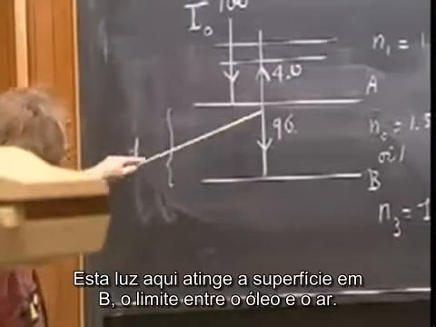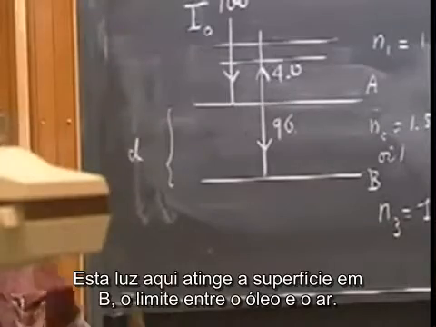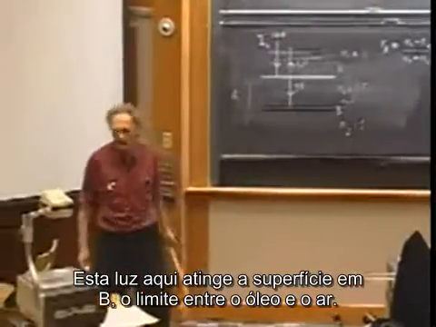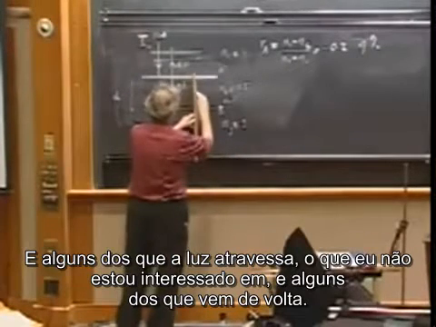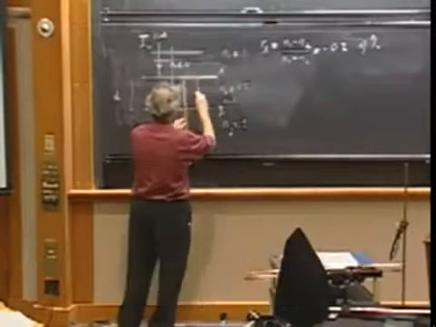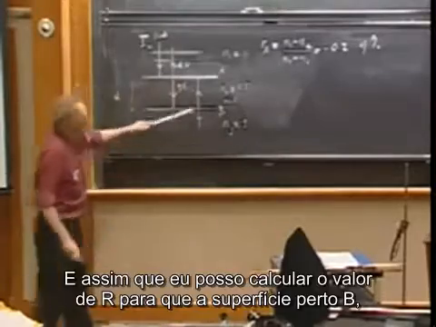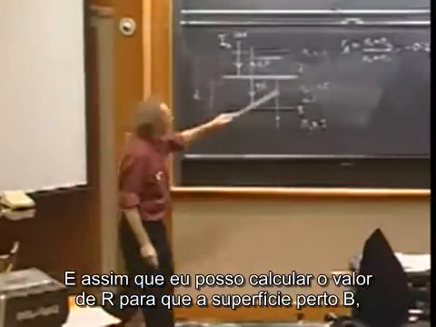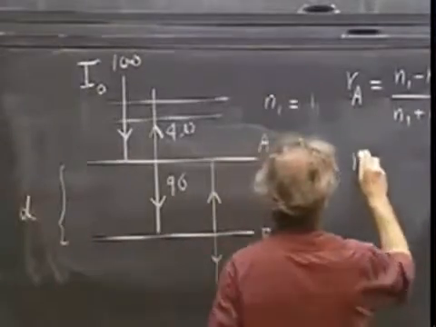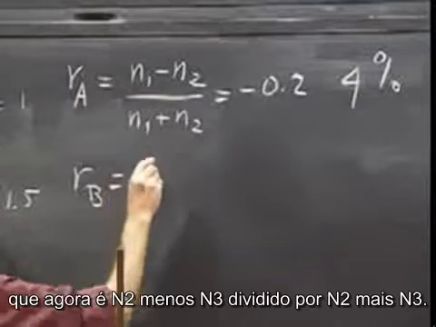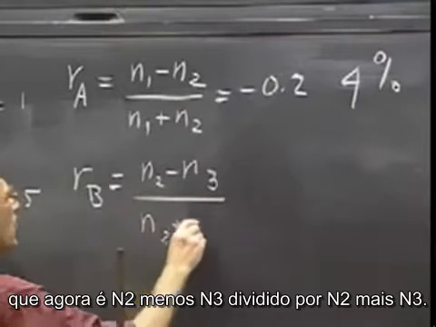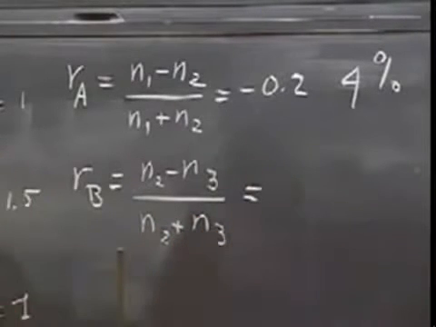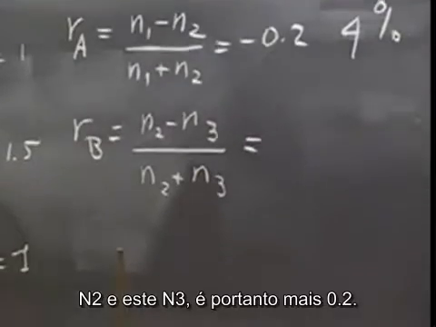So this light here hits the surface at B, the boundary between oil and air, and some of that light goes through, which I'm not interested in, and some of it comes back. And so I can calculate, again, the R value for that surface near B, which is now N2 minus N3 divided by N2 plus N3. N2, this is N3, and so that is plus 0.2.